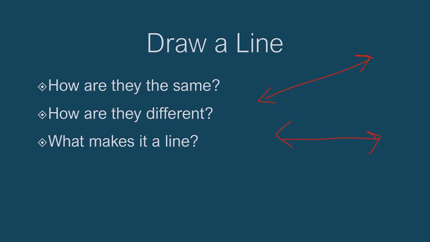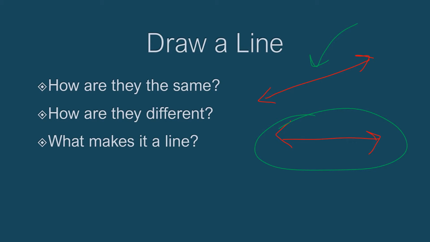So these two lines are the same because obviously they're both lines. They both extend in the same directions, left and right. But they are different because one is more of a horizontal line, and this one is on an angle.